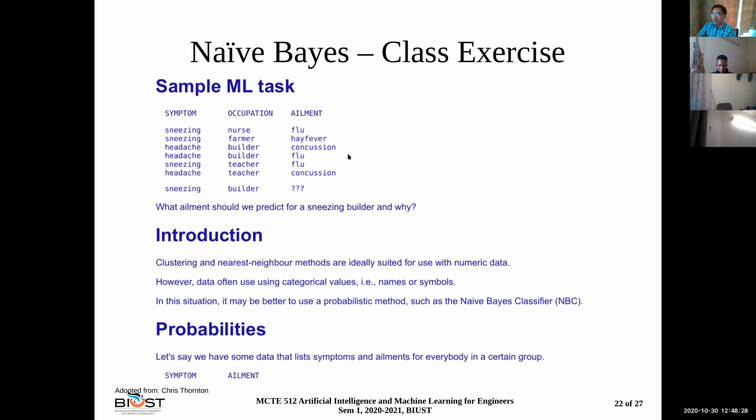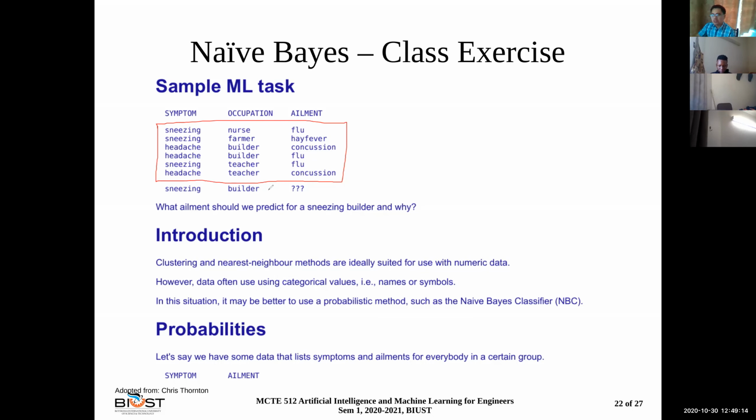We are given data of people with certain occupations: nurse, farmer, builder and teacher, and symptoms of the ailment: sneezing and headache.